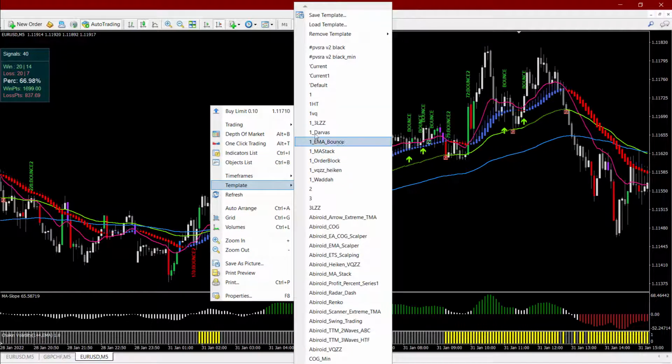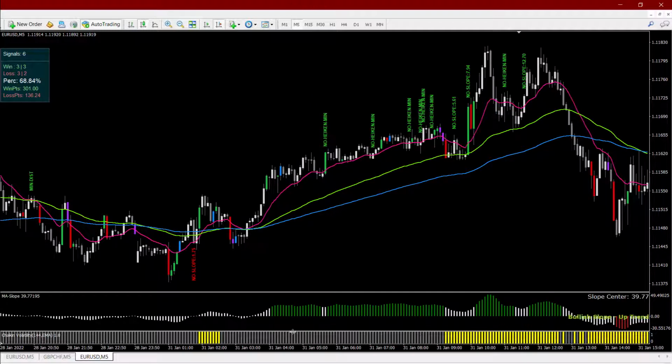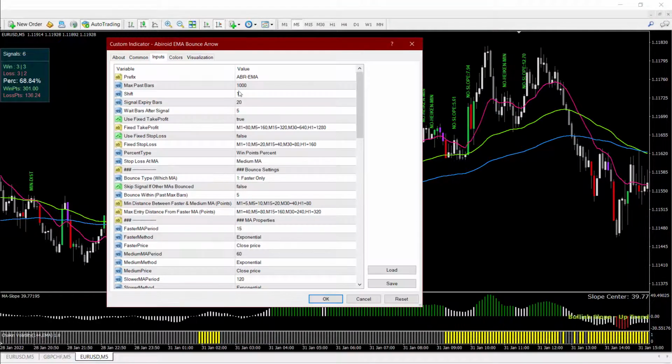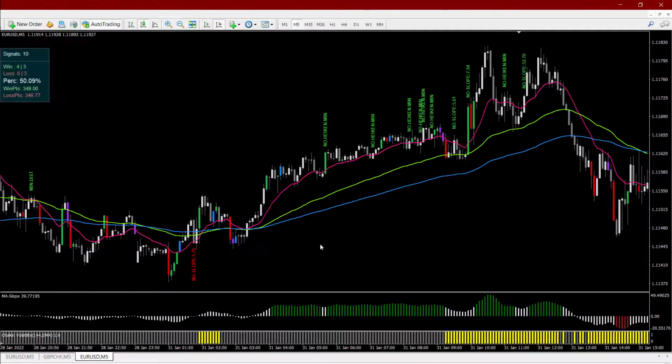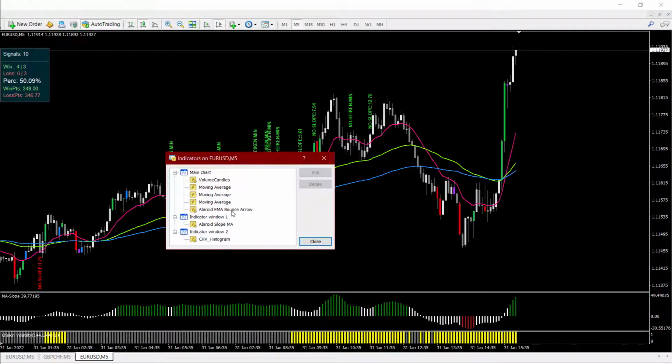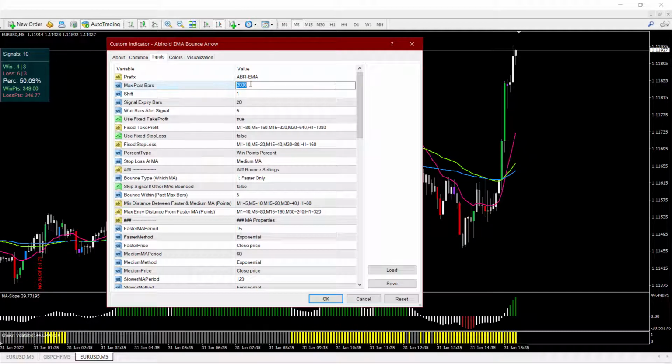Let me set it back to the original template, and I had 1,000 past bars. So you can also set this to 2,000 or 3,000, whatever number you would like to see. If you are more interested in the most recent numbers, I would suggest that you leave it at 500.